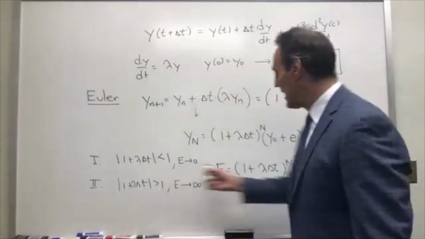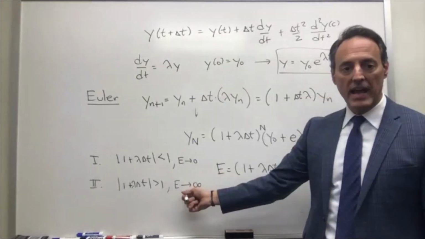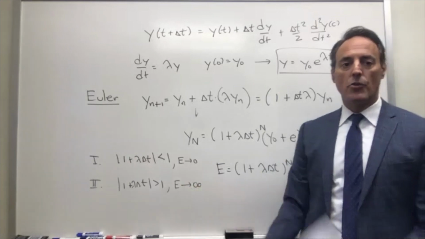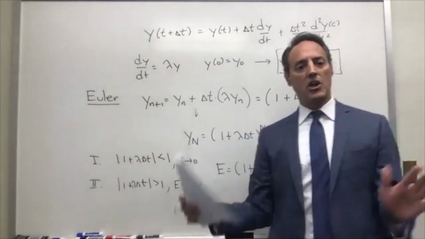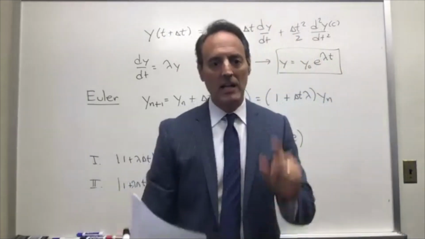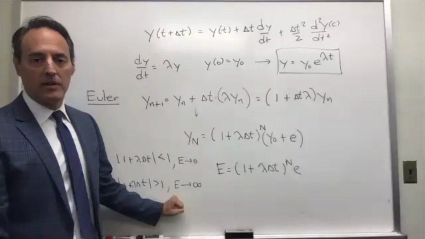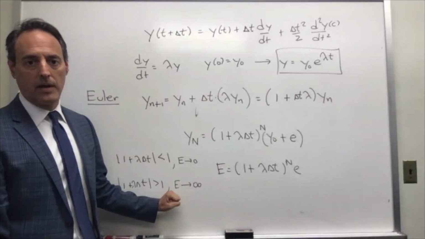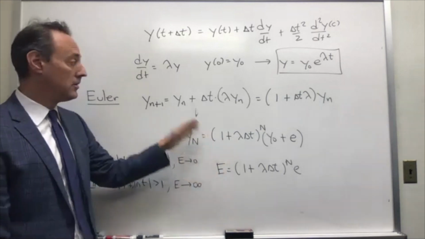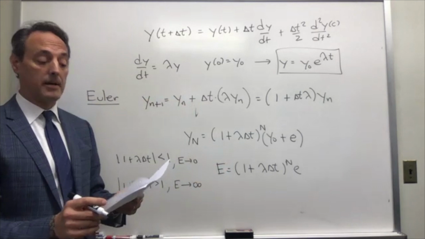Why? Because any small perturbation leads to the error growing to infinity. So this is sort of like a canonical example of what it means to have an unstable scheme. A small perturbation leads to huge errors, okay? All coming from, essentially, I picked a bad scheme. That's one way to think about it.